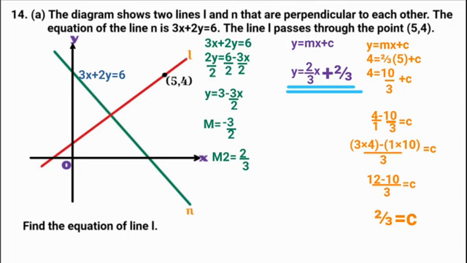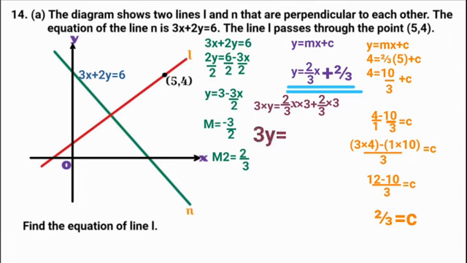So we're going to have 3 multiplied by y is equal to 2 over 3 x multiplied by 3 as well, then plus 2 over 3 multiplied by 3. Okay, so now let's start evaluating. Let's start from the left side.